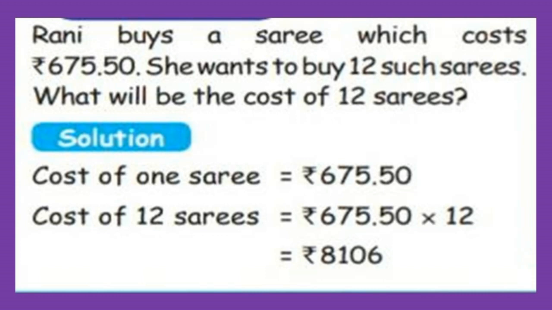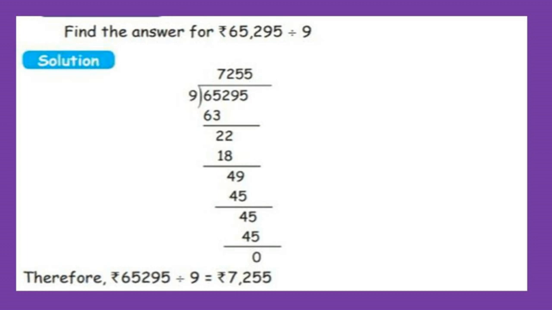When we multiply with 12 saris, the total amount we have to multiply with 12. You will get the answer 8,106. So the cost for 12 saris is 8,106 rupees.